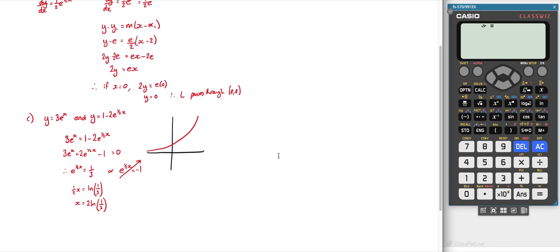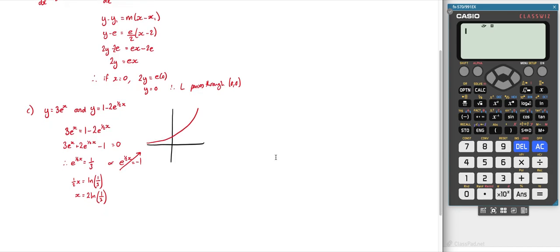So I have an x coordinate, so therefore y is 3e to the 2 ln of a third. We could bring the 2 in as a power, so we get a third squared, which is a ninth.